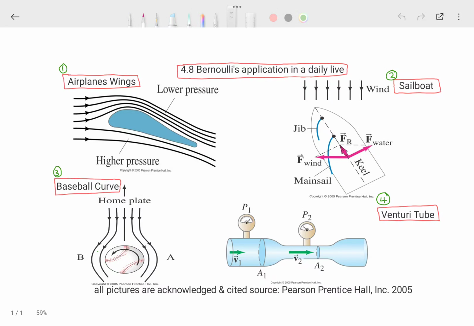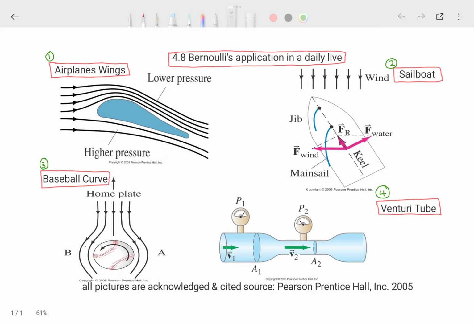In the last part, this is the application of Bernoulli in our daily life. Application number 1: the Bernoulli principle applies to airplane wings.